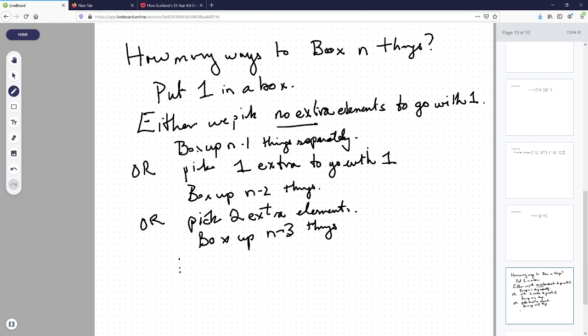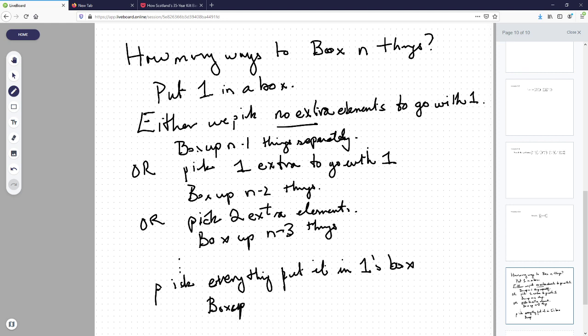And then you continue down the road until you basically pick everything and put it with 1. So the smallest number of boxes is 1, because that would be that everything is in the same box, and the largest number of boxes is n, where everything is its own box.